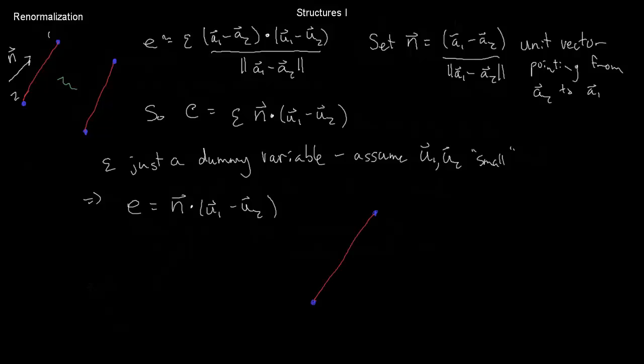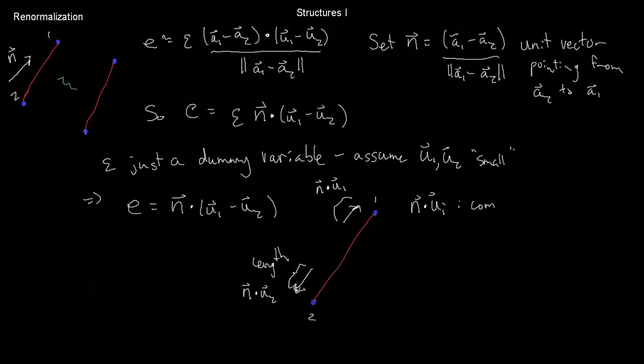So again, here is the same bar that I've been drawing, and here's an arrow that points toward node 1, and there's an arrow that points toward node 2. The length of this arrow is the absolute value of n dot u2. The point is that n dot u2 is the component of u2 that points in the direction of node 2, and n dot u1 is the component of u1 that points in the direction of node 1.